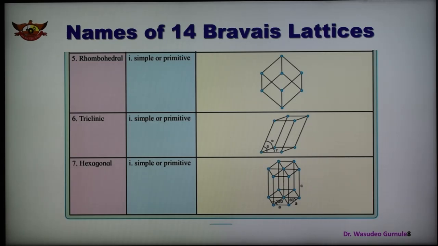We can say that Bravais is the name of a scientist, and in 1848 he pointed out that all the 4 types of unit cell cannot exist in every crystal system. From geometrical consideration, he pointed out the existence of 14 space lattices.